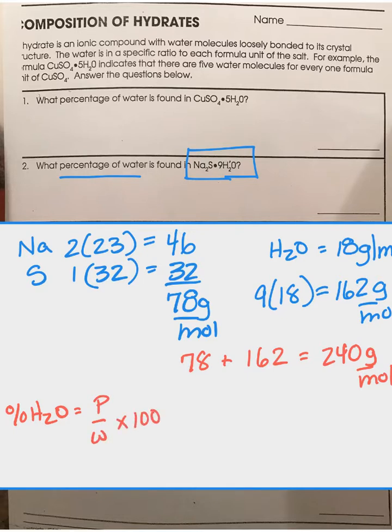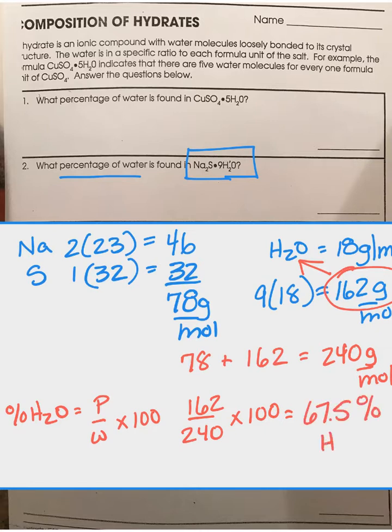The part that we are looking for is the 162, because that's the water. So 162 divided by 240 times 100 equals 67.5% water. Okay? All right, so we did 2 of that type of question. Let's move on to the next problem.